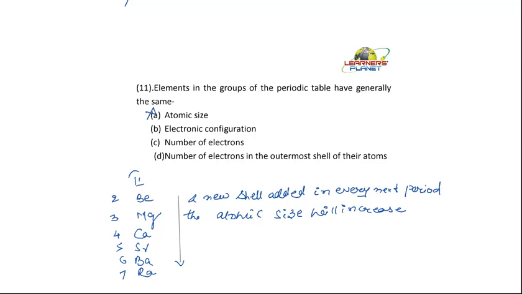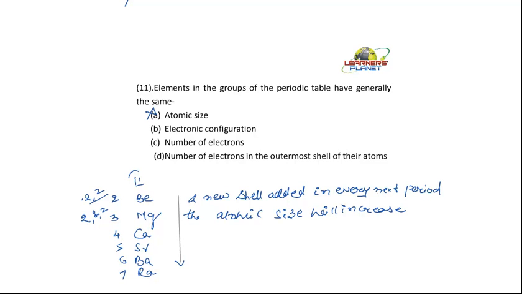Second is electronic configuration. What is the configuration of beryllium? It is 2 and 2. Of magnesium, it is 2, 8 and 2. What will be the configuration of calcium?